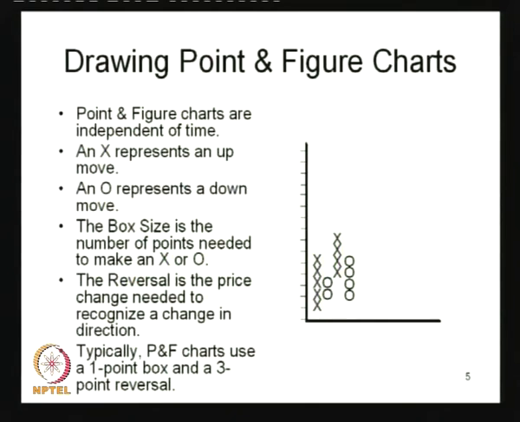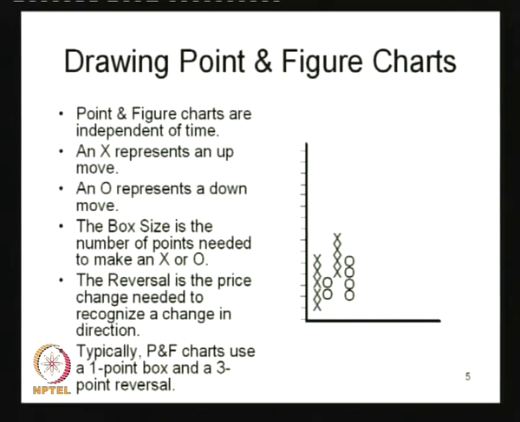Then if you see point and figure charts, what the point and figure chart shows is independent of time. Basically if you see this diagram, whenever we talk about a cross, it represents an up movement, and whenever you see this circle, the O, it represents the down movement.